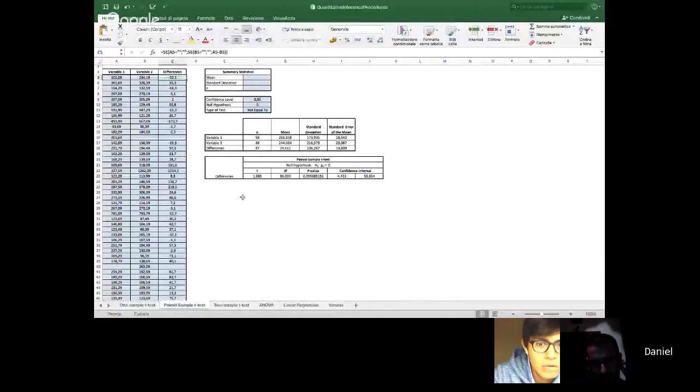Well, that's a big difference. Did you put the null hypothesis, confidence level? Well, confidence level is not important, but... no, the null hypothesis is 0, not equal to.